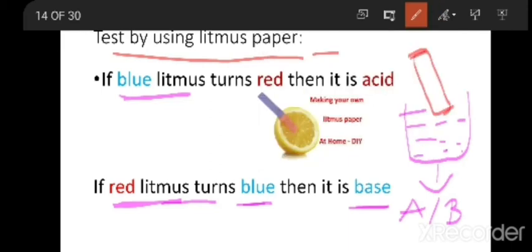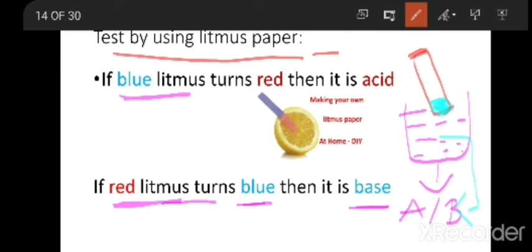If this red litmus paper turns into blue color, then this solution is a base. If a red litmus paper turned into blue color on dipping into a solution, then it is a base.